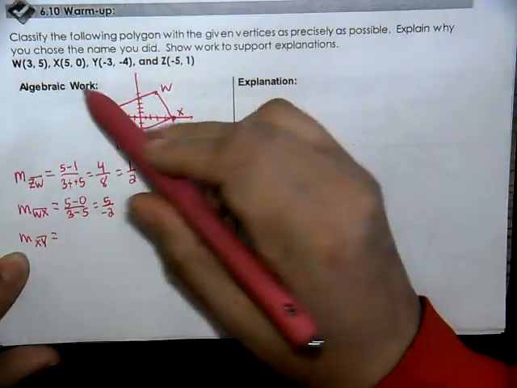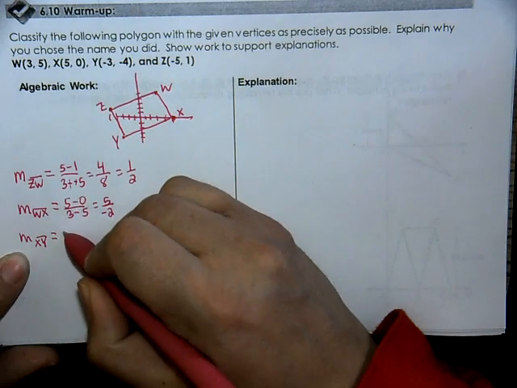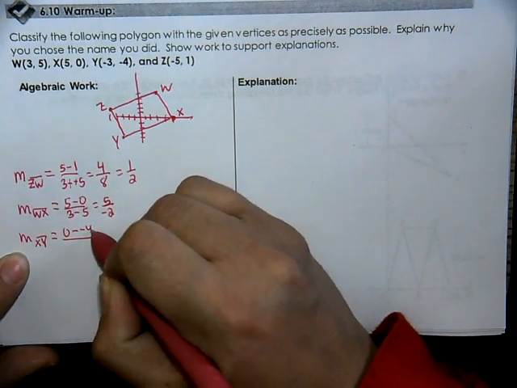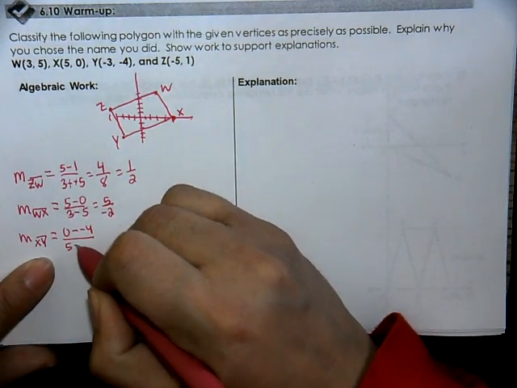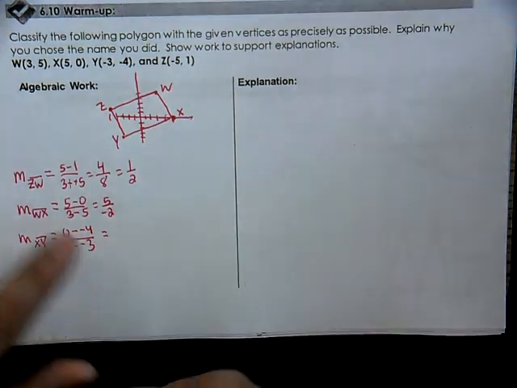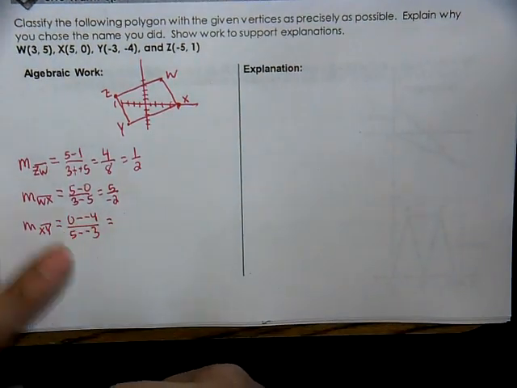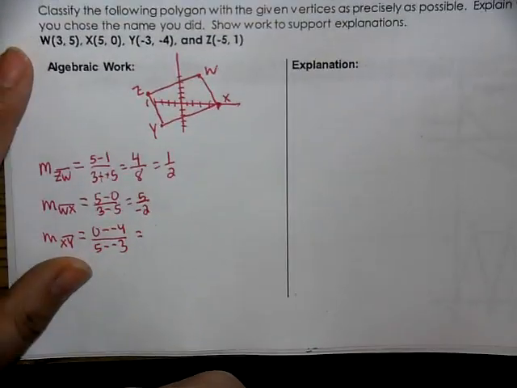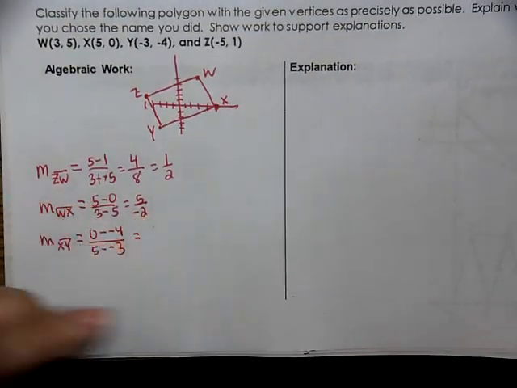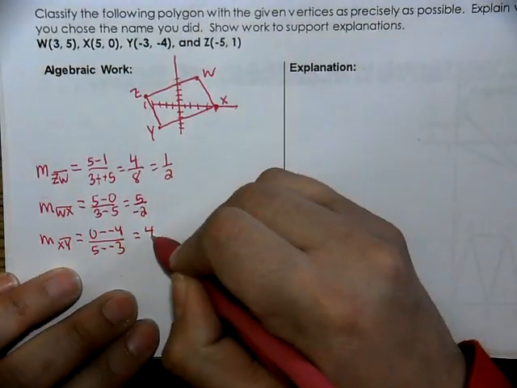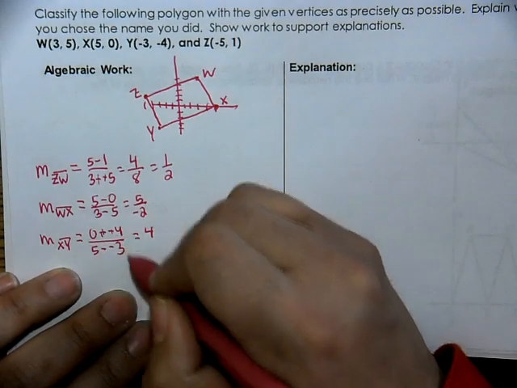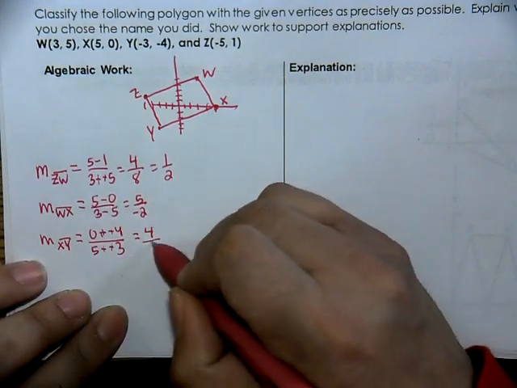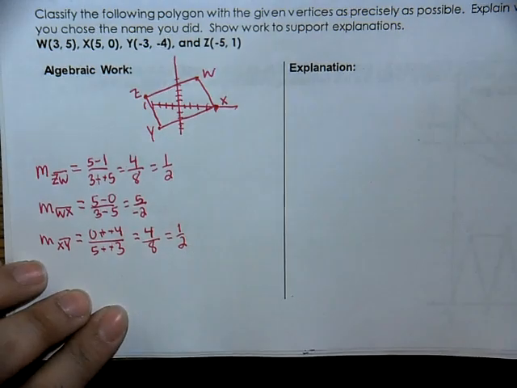XY: we do 0 minus a -4 and 5 minus a -3. Remember, the way I go through my numbers does not have to be the exact same way you do yours. They can be switched, but make sure the bottom is switched as well. But we should get the same answers because two negatives make a positive here and here. So we have 4 over 8, which is, again, 1/2.